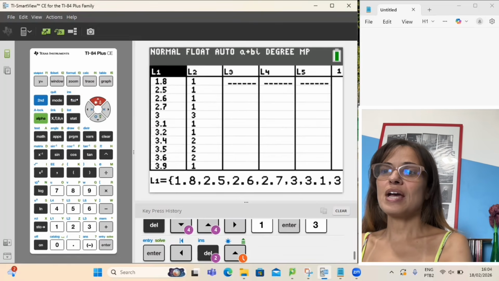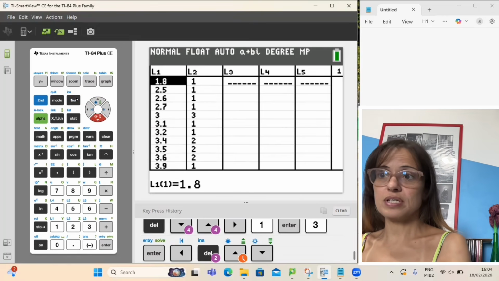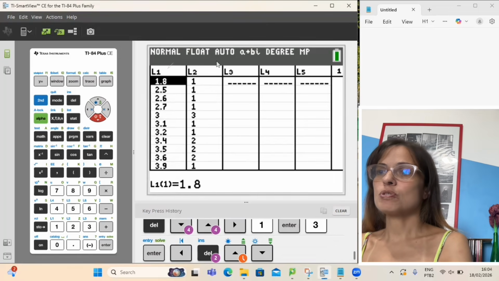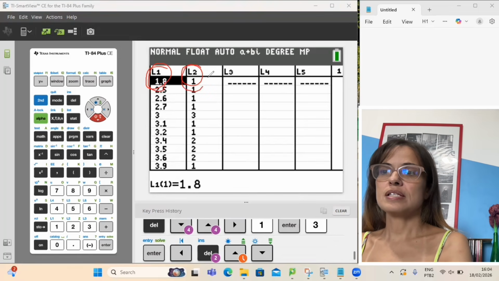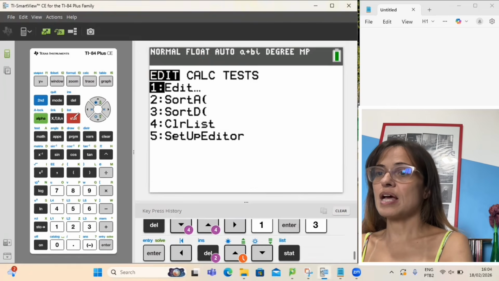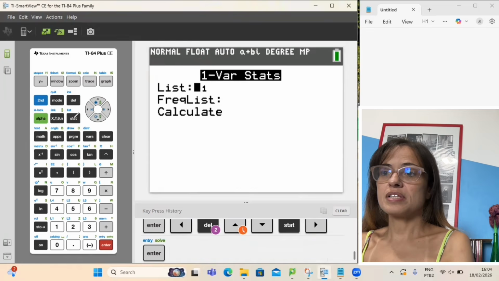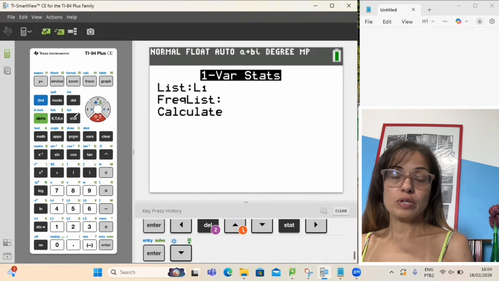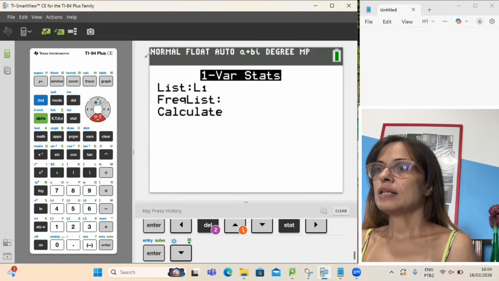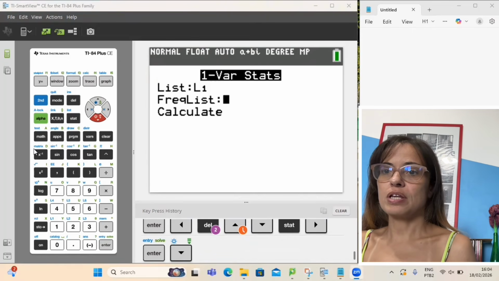Okay, so now what I have here is a frequency table with the values typed in L1 and the frequencies typed in L2. So that this time when I go into the stat calc 1 var stats, same exact screen, but now I do want to use a frequency list, and that is L2. Let me show you how to put that here.